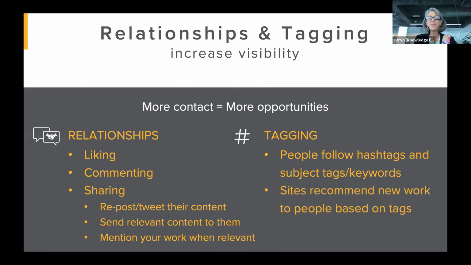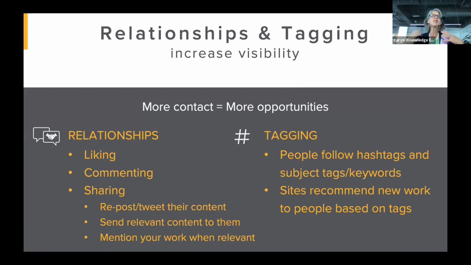The other thing to note about tagging is that many sites, and I'm going to talk a little bit about the scholarly academic social media sites in a second, will recommend new publications to me simply based on the tags or the hashtags or the topics that I've chosen to follow.